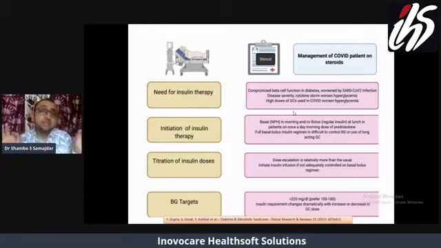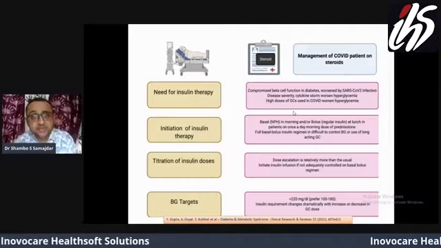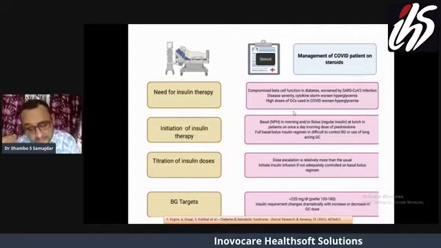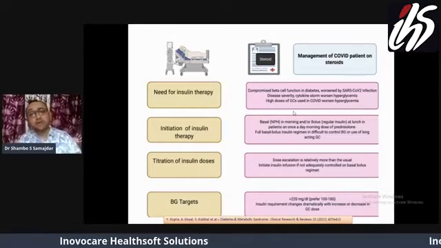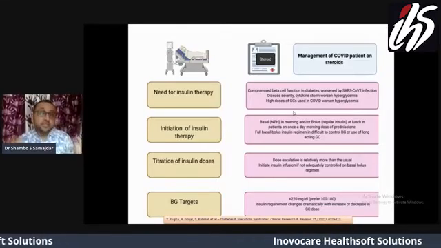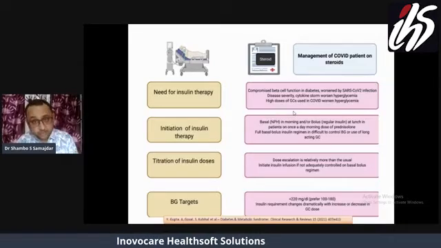The targets are a little bit compromised, we must say, because of the fear of hypoglycemia. As we are dealing with COVID-19 patients, the CBG monitoring is not as frequent as with our other patients. So we need to be a little bit more protective regarding hypoglycemia.